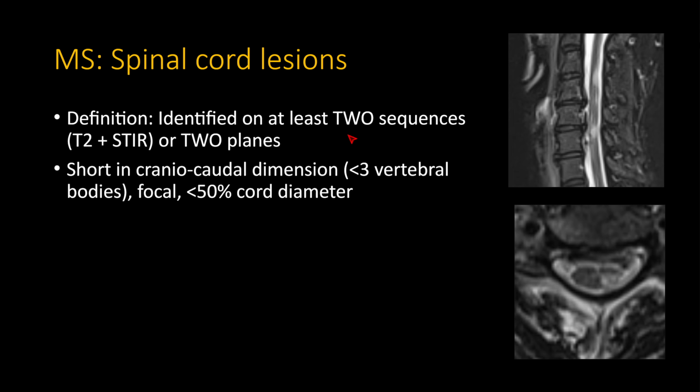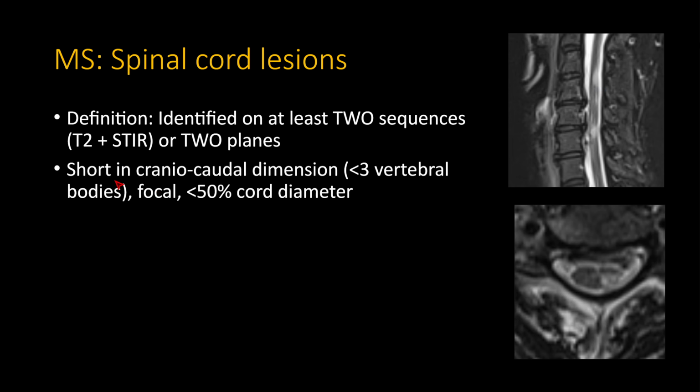But it's important to realize that by McDonald's criteria, as far as diagnosis of MS, in order to count a lesion as a true spinal cord lesion, you have to see it on two separate sequences. So these lesions, in particular, you can see on two planes, the axial plane and the sagittal STIR.